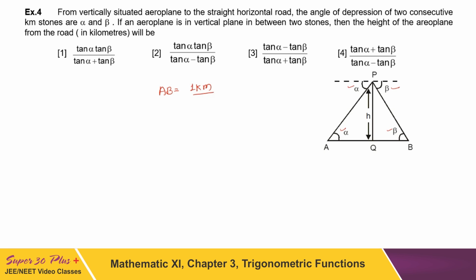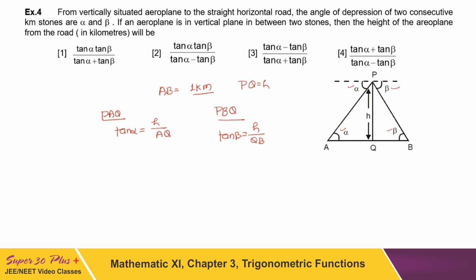Now we are going to find the height of the aeroplane. Let the height of the aeroplane PQ be h. Now in the triangle PAQ, what is the value of tan alpha? The value of tan alpha is h upon AQ. In the triangle PBQ, what is the value of tan beta? The tan beta is h upon QB.